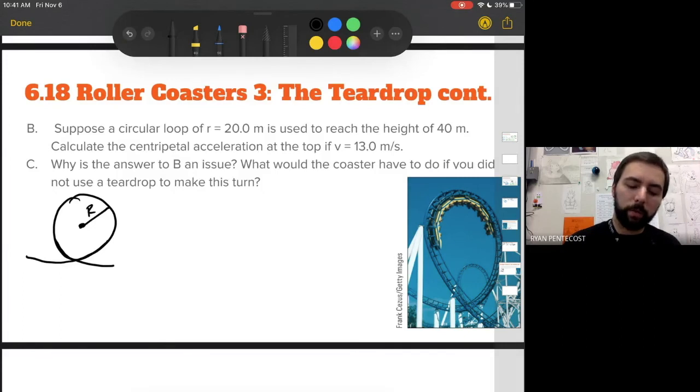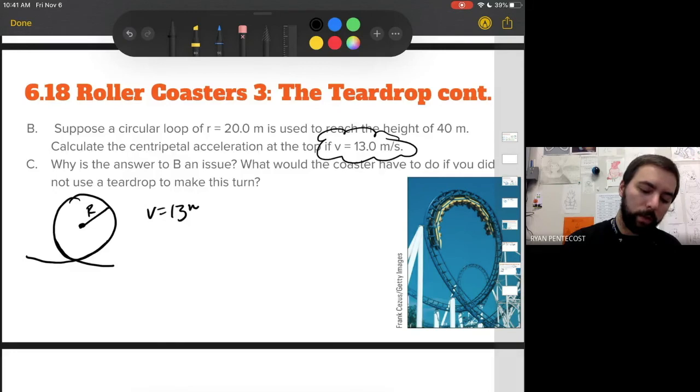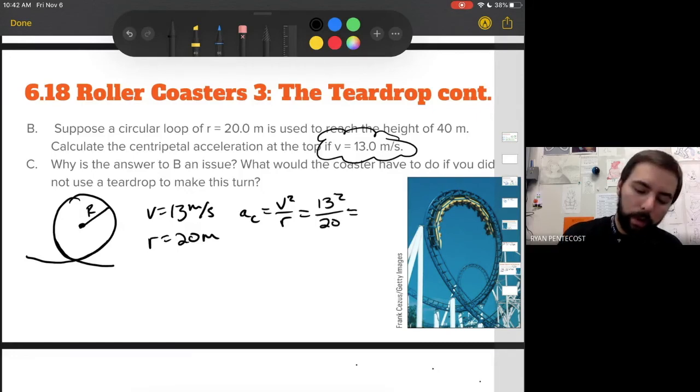Calculate the centripetal acceleration at the top if the velocity is again 13 meters per second. So we have v is 13 meters per second, r equals 20 meters. We want AC, which is v squared over r. So we would get 13 squared divided by 20, and you get 8.45 meters per second squared.